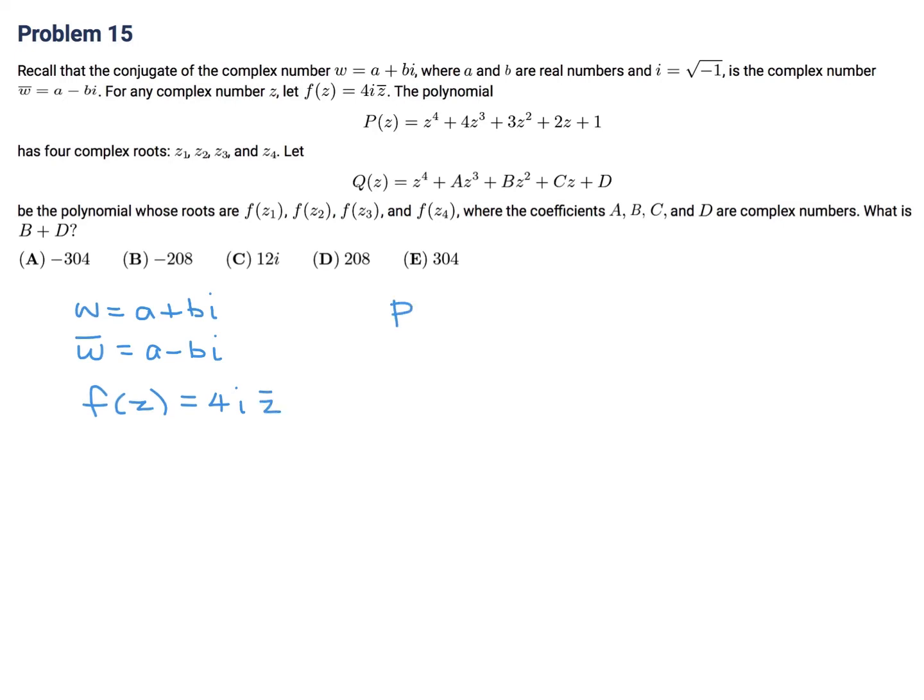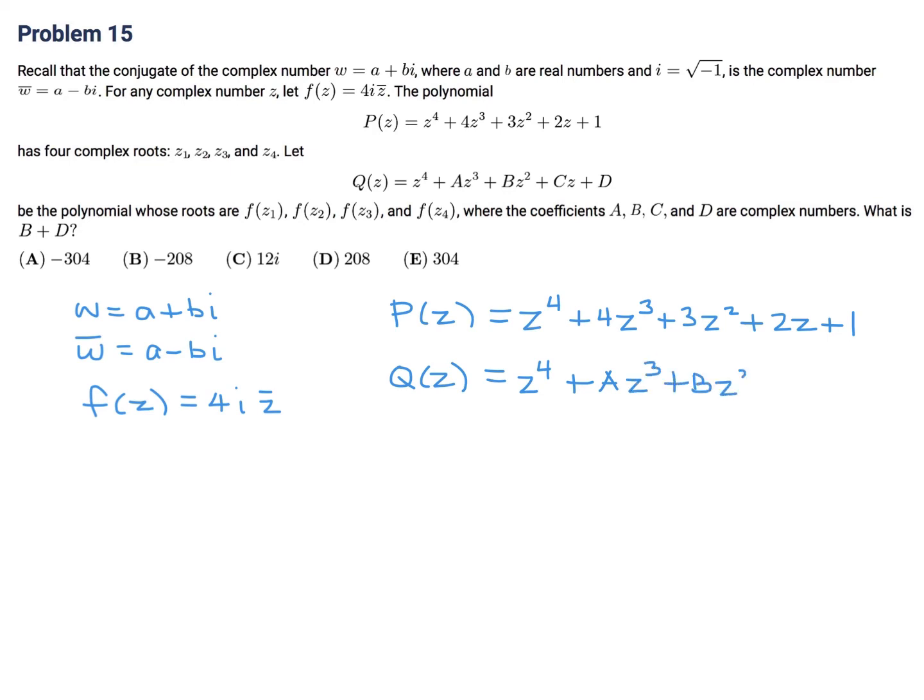And then they've given us another polynomial, z to the power of 4, 4z cubed plus 3z squared plus 2z plus 1. Great. And then they've given us yet another one that is similar, but instead of actual number coefficients, they've given us letter coefficients. All right, no problem. And they've given us the roots.